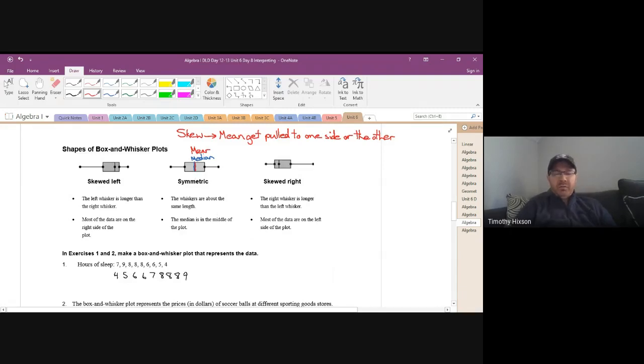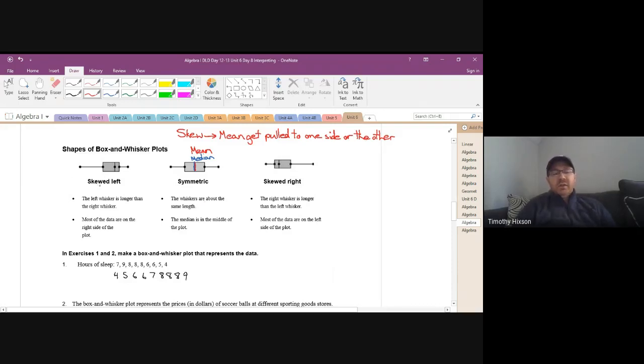That would be a perfectly symmetric distribution, which we call a bell curve. You've probably heard of those. And we'll talk about those in our next lesson. But when we have a mean value that's pretty close to what the median is, we say that it's not skewed, and it's relatively symmetric.